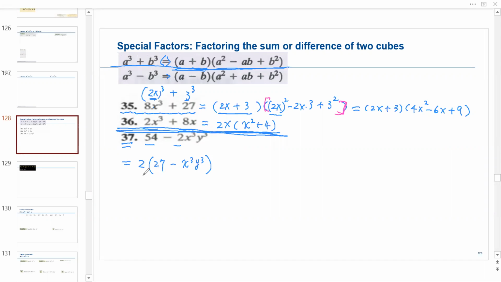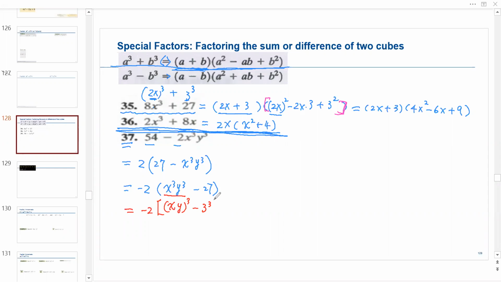If you are more comfortable with this, you can also take a negative 2 out first and rewrite it like this. Both work. Currently the most important thing is we can rewrite this one into xy cubic. And 27 is 3 cubic, right?